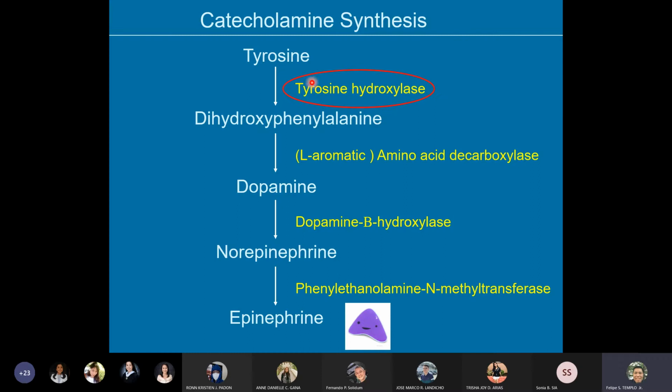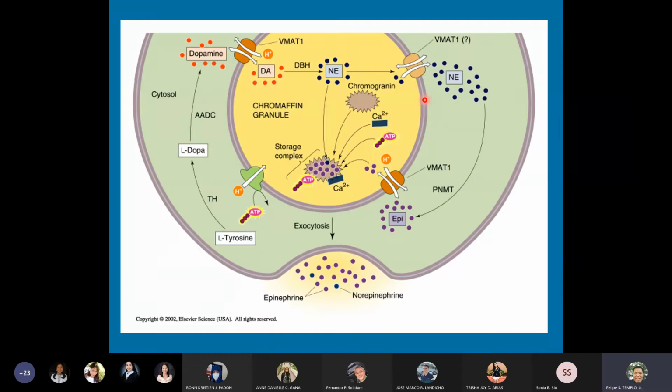Again, the same slide, just encircling the rate limiting step: tyrosine hydroxylase. Now this is a better photo. So for instance, there is a stimulus. Your L-tyrosine will be converted into L-DOPA. L-DOPA will be converted into dopamine.